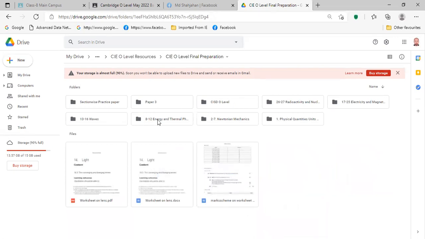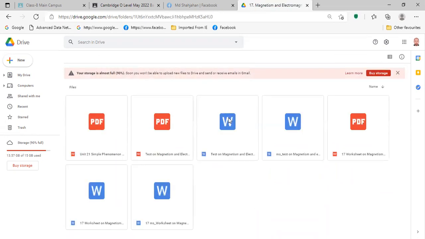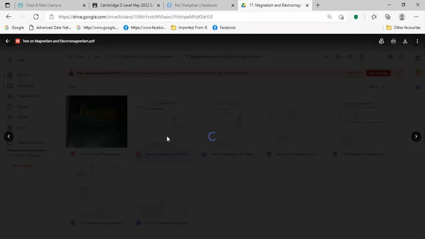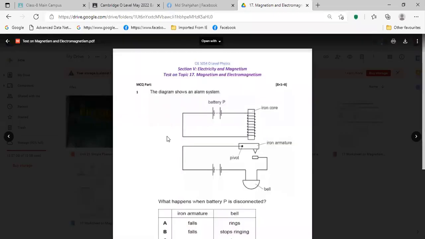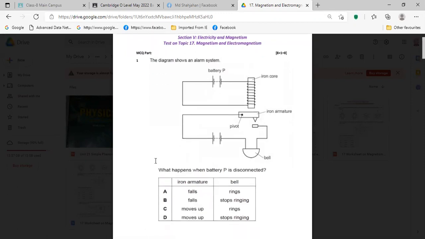So we show here, in electricity and magnetism, Topic 17, the first question we had in the test. So here you see we have two parts of the circuit, right?